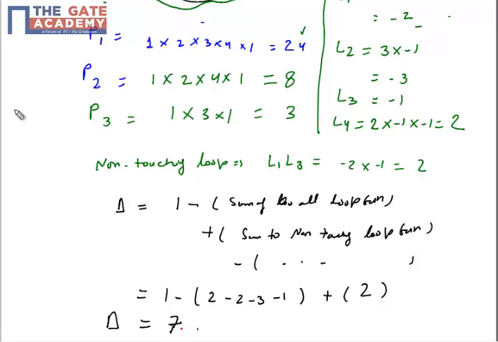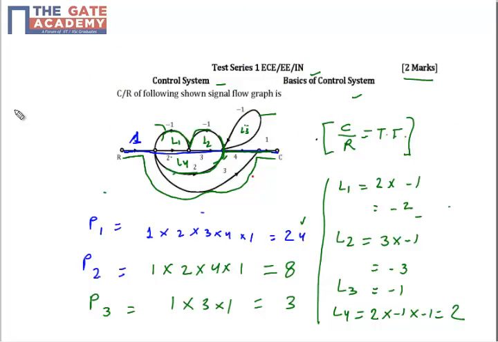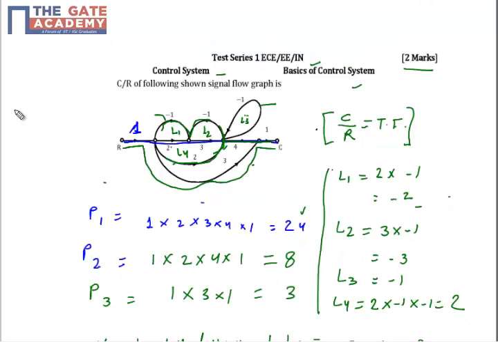Now we have calculated delta. After the forward path gains, loop gains and delta, there is something called delta 1, delta 2, delta 3. Every forward path has a corresponding delta, in which we consider the loops which are untouched by the forward path. Forward path 1 is the straight baseline, so it is touching each and every loop.